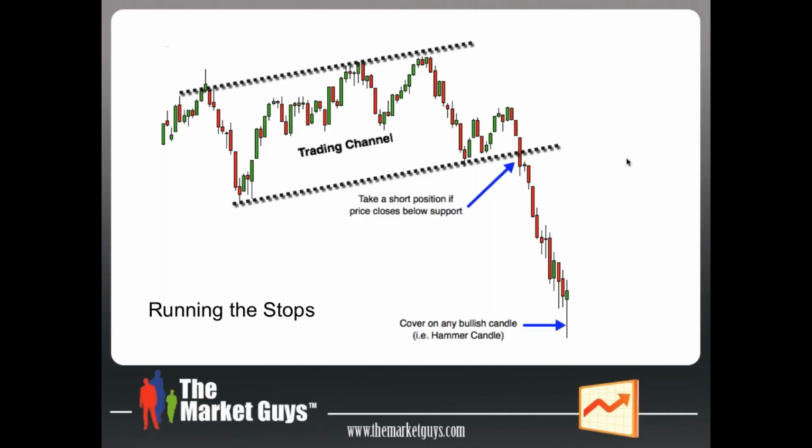It's not illegal behavior. It's not immoral. It's there. They're running the stops. They actually put heavy sell orders in to trigger the stop loss orders, and then as the stock drops, the people who sold up top are buying lower and capturing profit along the way. And then eventually they cover their shorts when they see bullish candles like we see here in what's called a hammer pattern.